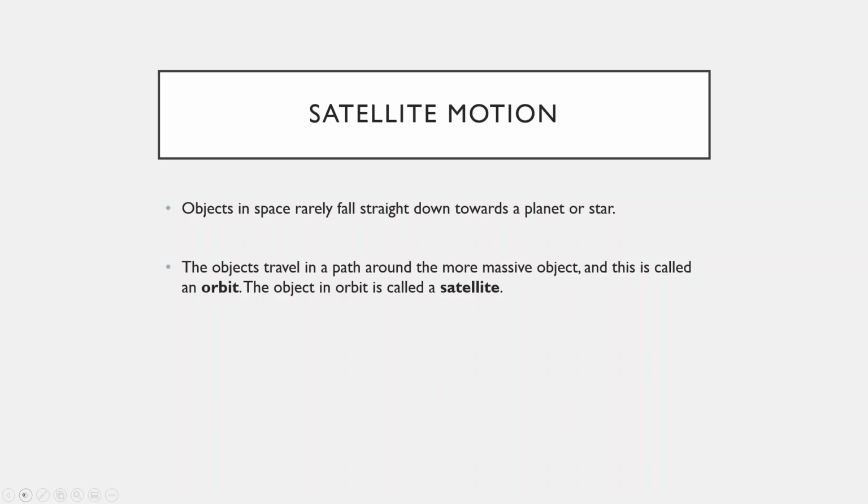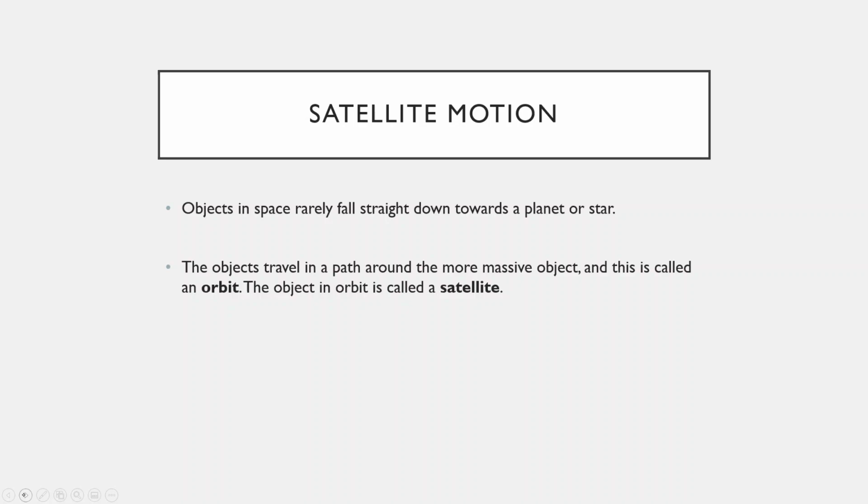So usually we say that a smaller object travels in some kind of path, which we're going to model as a circle, but we'll see that's not the case. So this smaller object travels around a more massive object. Okay, we call that an orbit, and the smaller one is called the satellite. Okay, satellite can be artificial satellite.